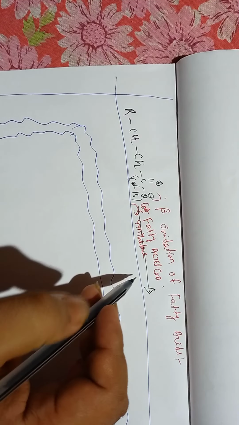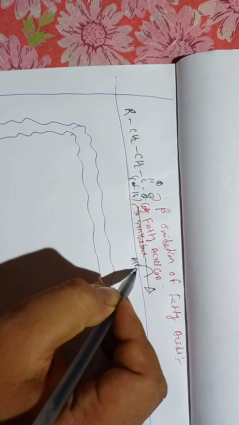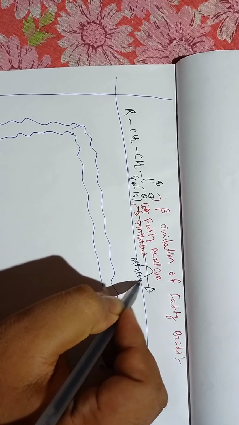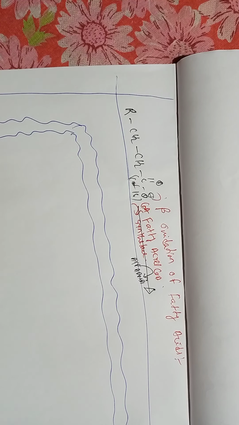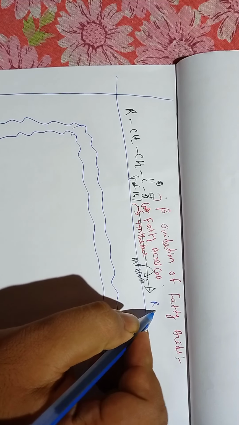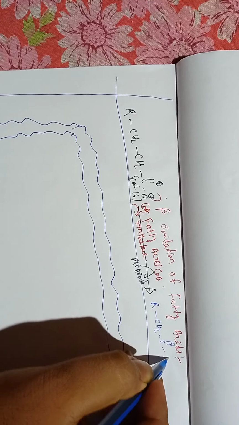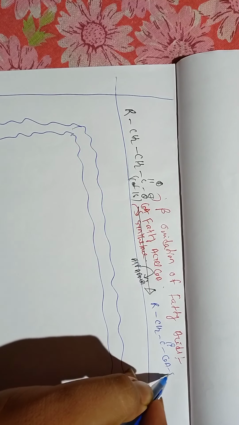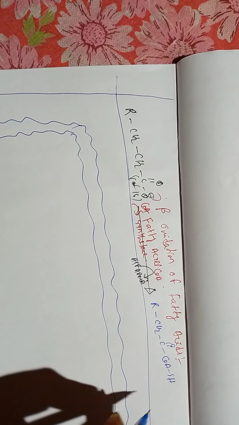So the ATP will break down into ADP plus Pi. Now we will get the ultimate product: R, CH2, C double bond O, and CoA-SH. Let's consider that. And what's the name of the compound right now? Fatty acyl CoA.